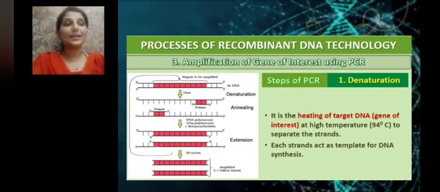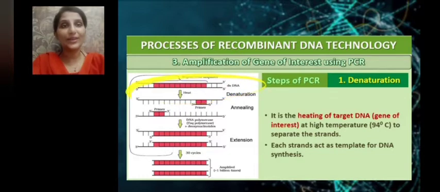The first step, denaturation. We know DNA is double-stranded. The gene of interest is double-stranded. So the target DNA with the gene of interest is heated. And what happens when it is heated? It automatically starts to break the hydrogen bonds. And what is the temperature at which it is heated? About 94 degrees Celsius to separate the strands.